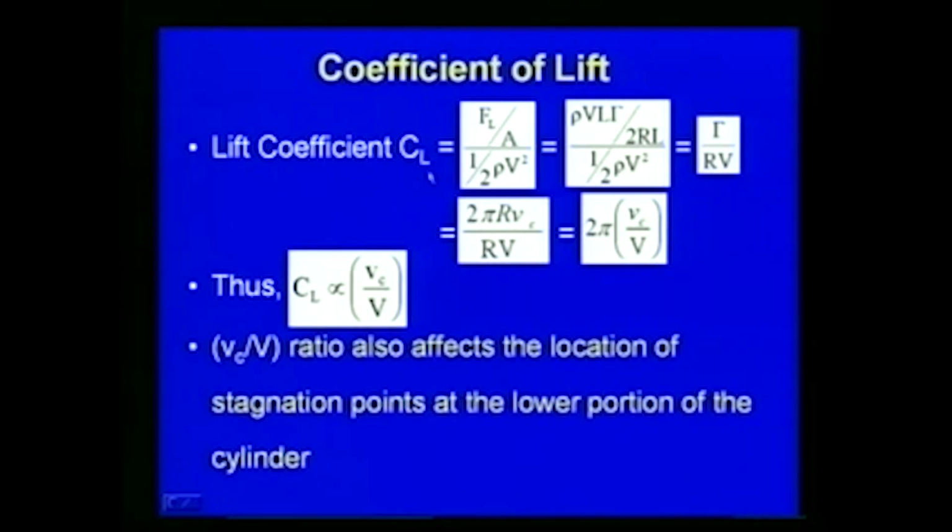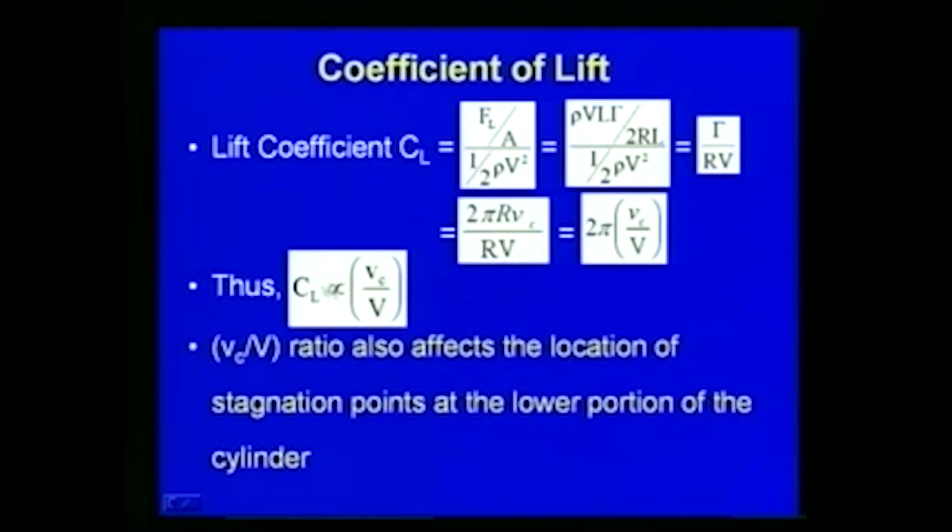So finally, the lift coefficient is proportional to the velocity at the periphery of the cylinder divided by the free stream velocity. So CL is proportional to Vc by V. This ratio Vc by V affects the location of the stagnation point at the lower portion of the cylinder.